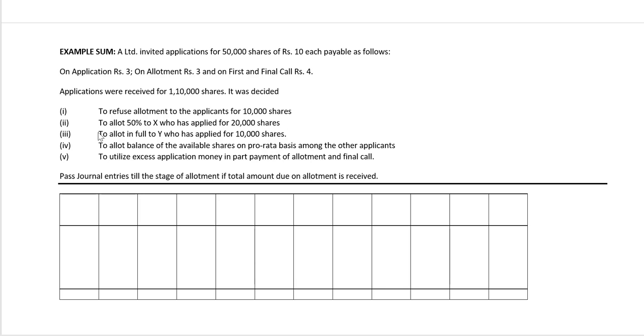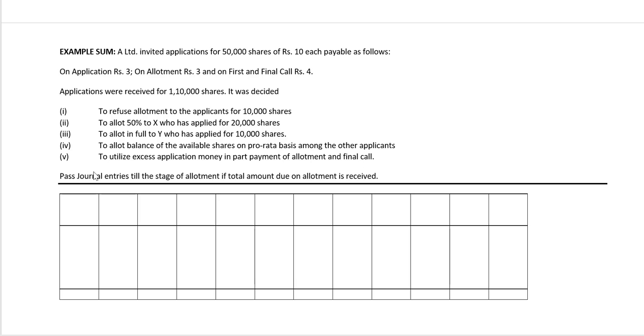Second point, to allot 50% to X who has applied for 20,000 shares. Third point, to allot in full to Y who has applied for 10,000 shares. Fourth point, to allot balance of the available shares on pro rata basis among the other applicants.